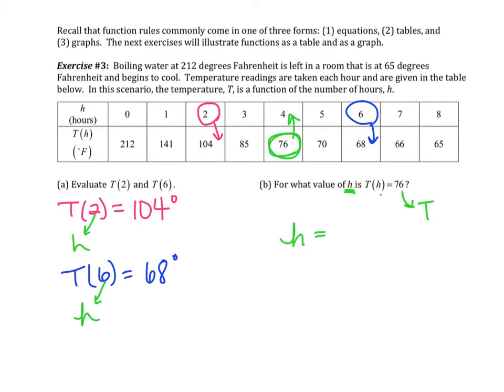So h equals 4 is the answer. And that's because T of 4 equals 76. So 4 is the hours that give me an output, a temperature reading of 76 degrees. But my answer here is h equals 4 hours.